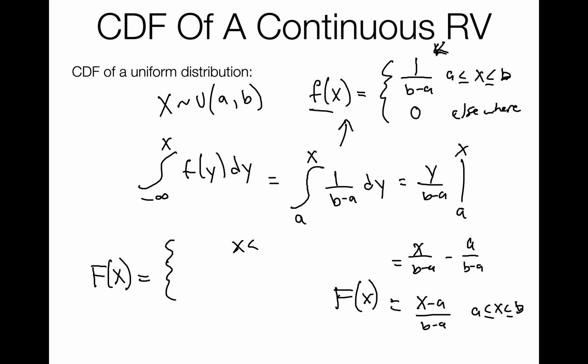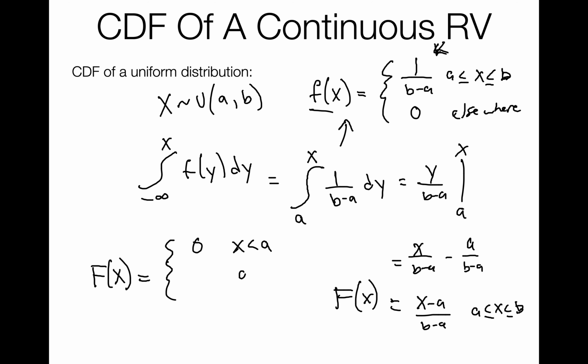What happens when x is less than a? Well, the CDF value there is 0 because there's no positive probability until a happens, by definition of the PDF up above. So before a, it's 0.